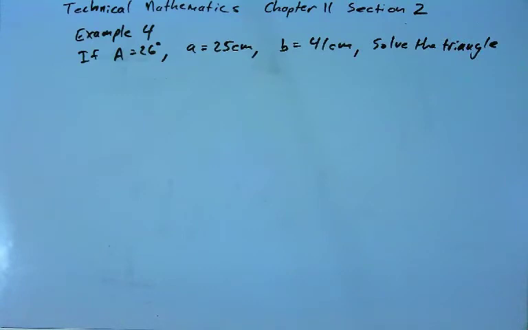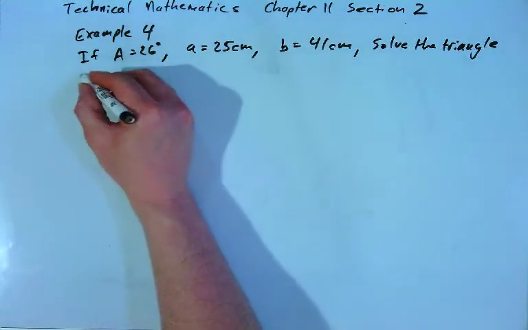This is example 4. It says if angle A equals 26 degrees, side A is 25 centimeters, and side B is 41 centimeters, solve the triangle. And so the first thing we need to do is determine how many possible solutions there will be.